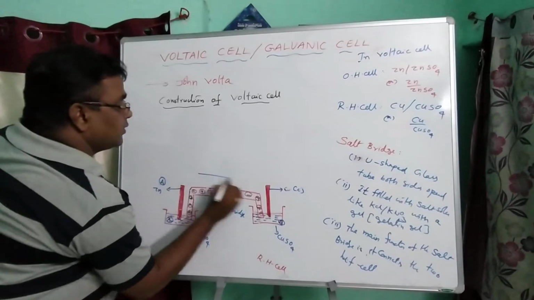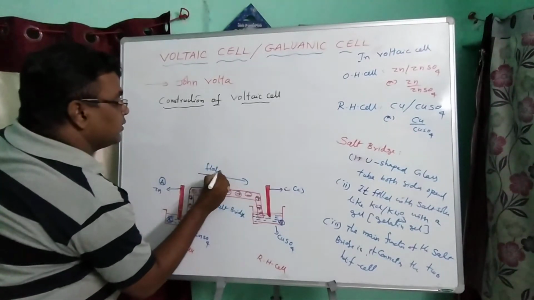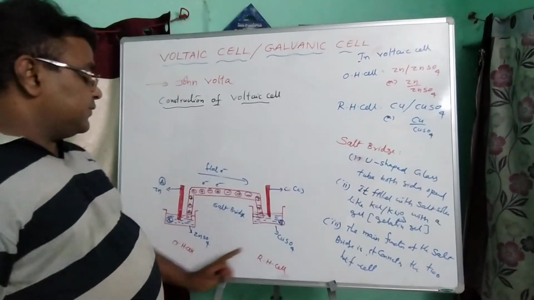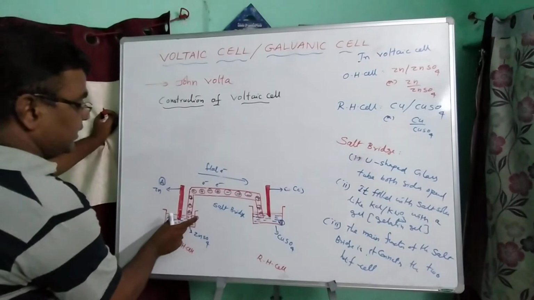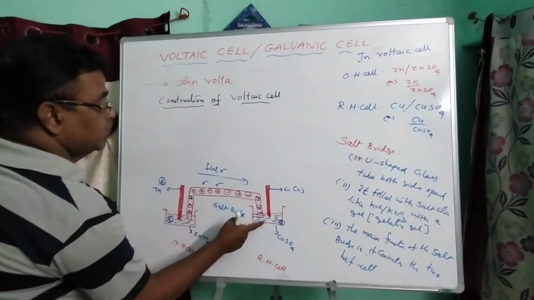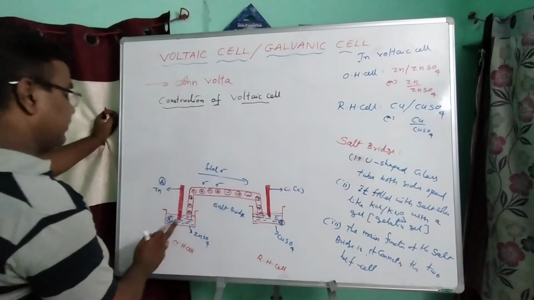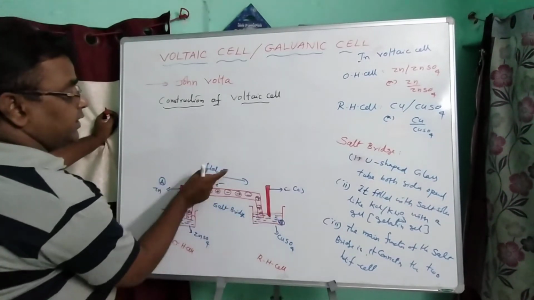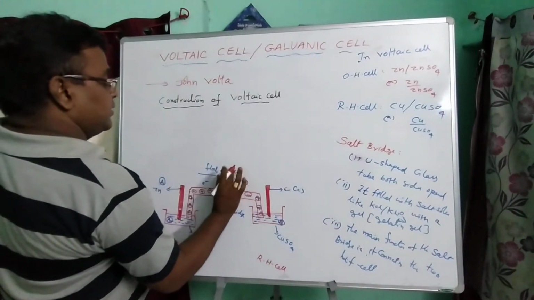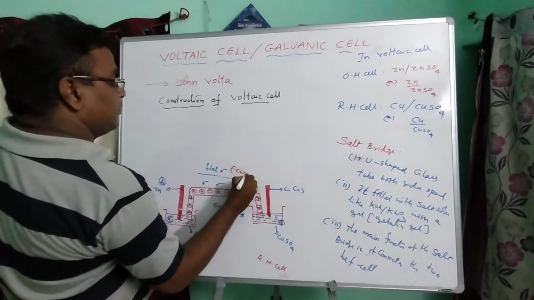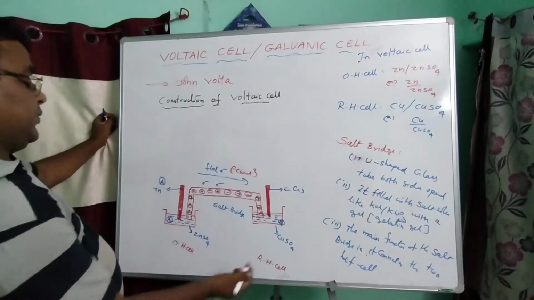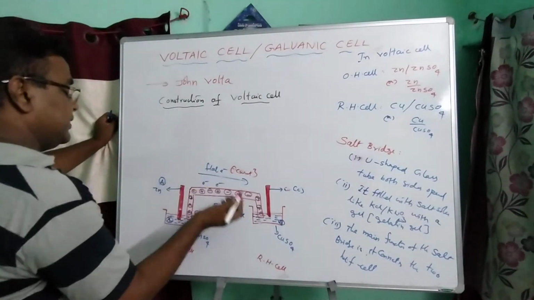That means this is the flow of electrons, so current travels from the oxidation half cell to the reduction half cell. So the voltaic or galvanic cell is working.